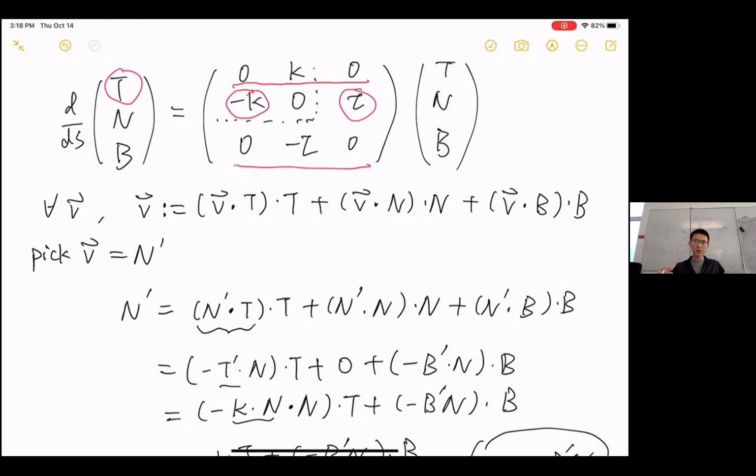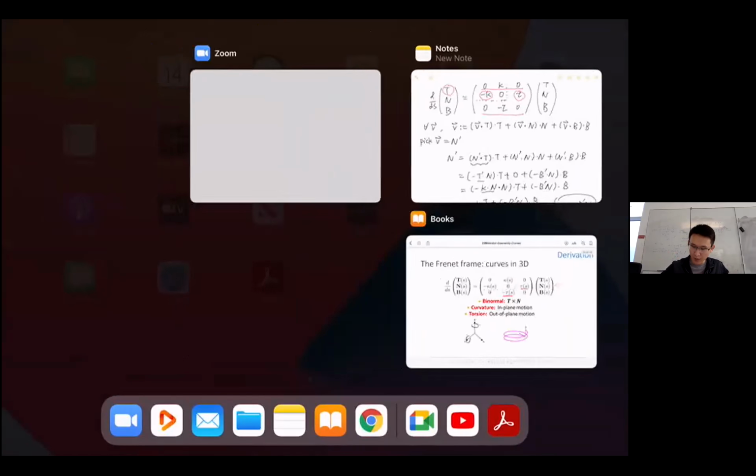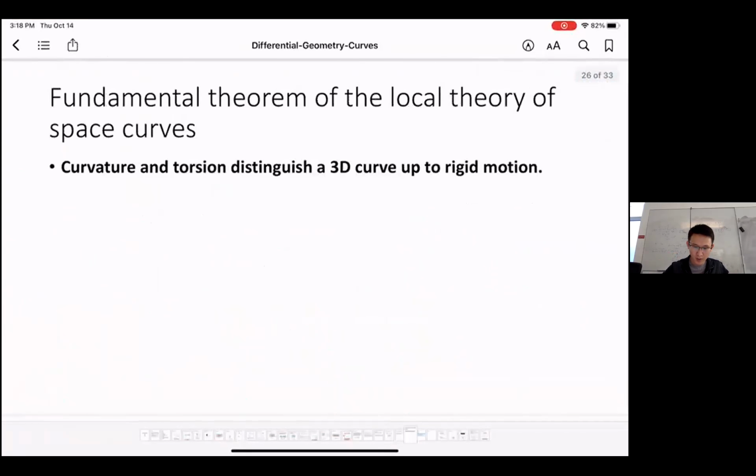With these three vectors, we can describe our curve using just two things: its curvature and its torsion. Actually, there is this nice statement, a generalized version of the 2D one, saying that curvature and torsion can distinguish any 3D curve up to a rigid motion.